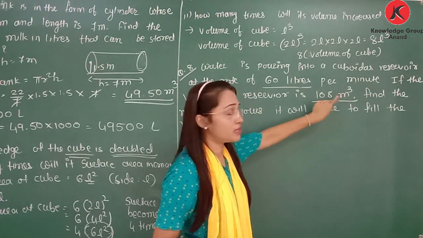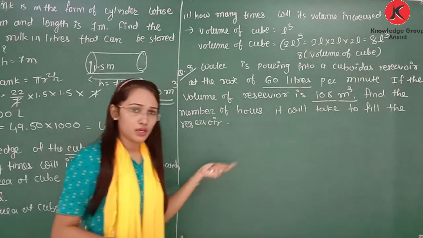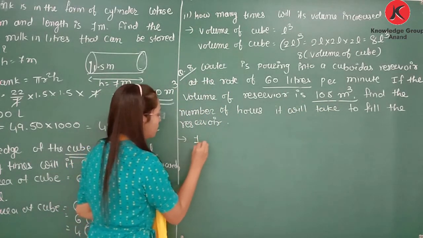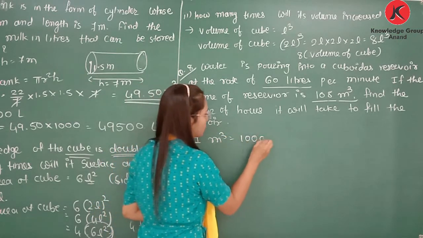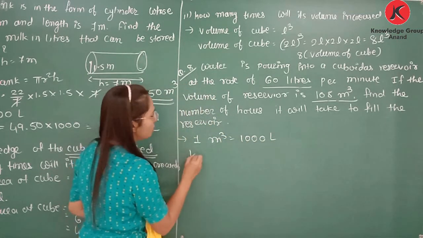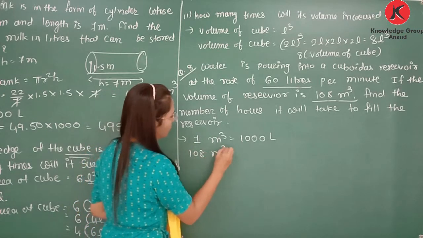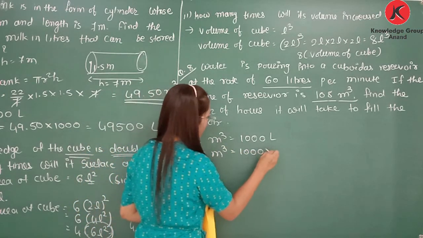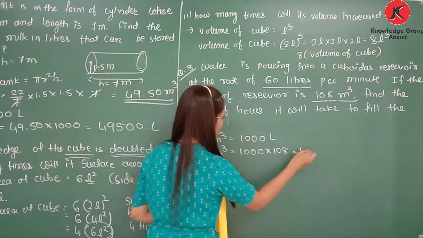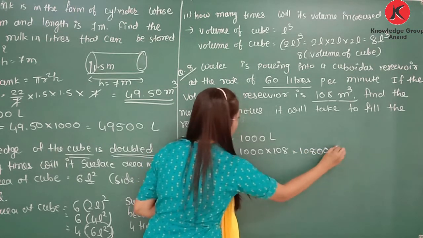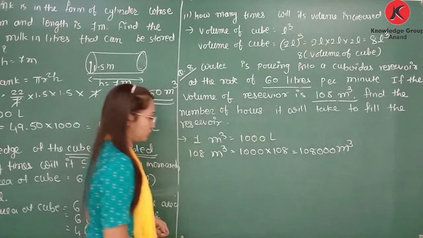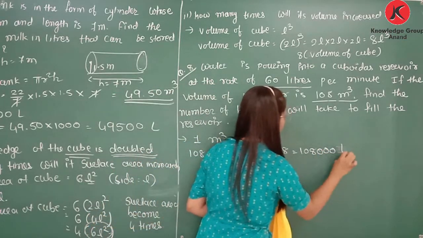So first of all we will convert this volume into liters. Now we know that 1 meter cube is equal to 1000 liters. So 108 meter cube is 1000 multiplied by 108, so that is 108000 liters.